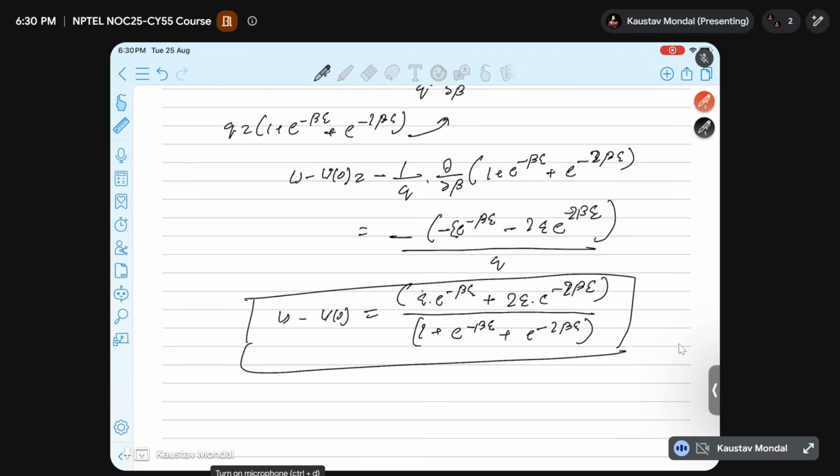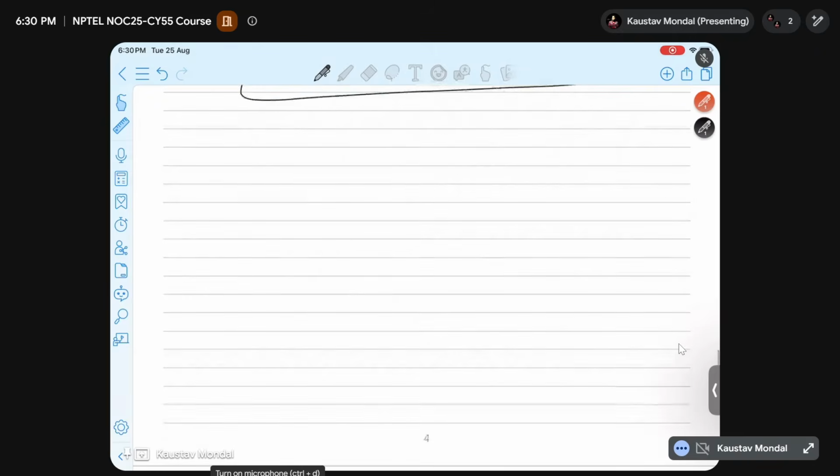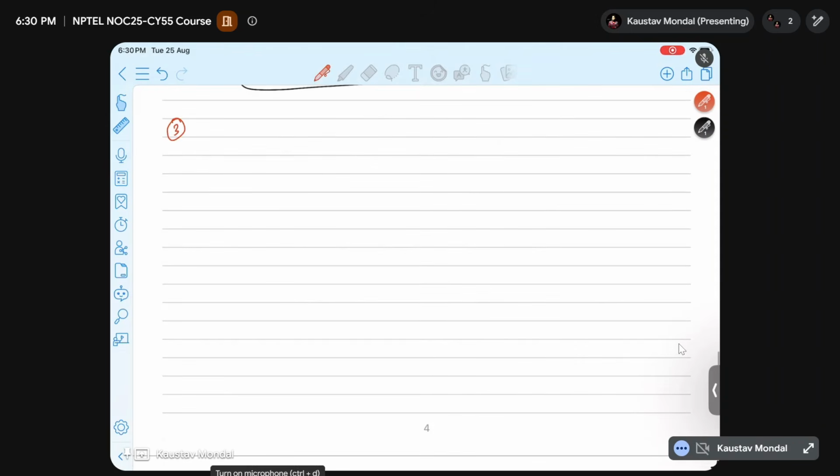Next is problem 3. In problem 3, we have a system with two energy levels, so it will be much easier.